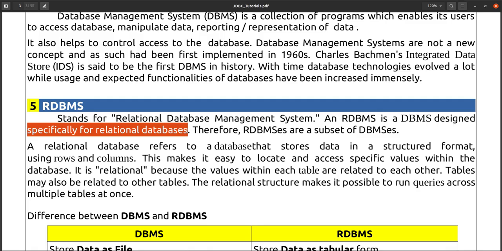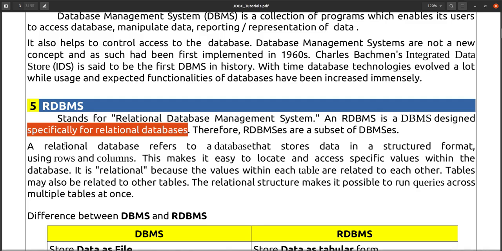It's not compulsory. You have created two tables, but you don't want to define the relation between them, you don't define it. If you want to define it, you can. But if you say it's a relational database, it means the data will be stored in the form of tables. So that is called RDBMS. It is a database management system only, but that database management system will use tables to store the data.